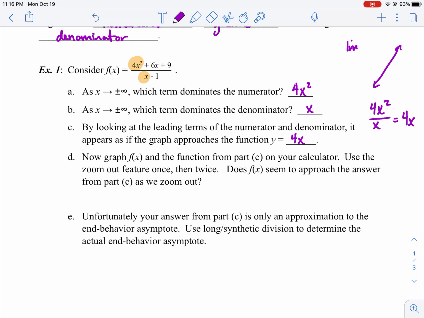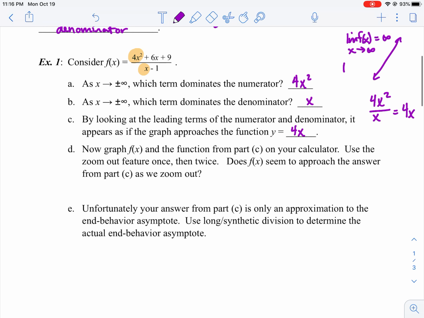The limit of this function as we go to infinity would be infinity, so as I go to the right, it would go off to infinity. And the limit as I go to the left would go down to negative infinity. So we can see what the end behavior is based on that approximation.